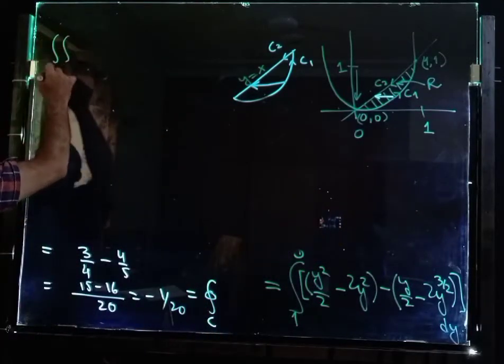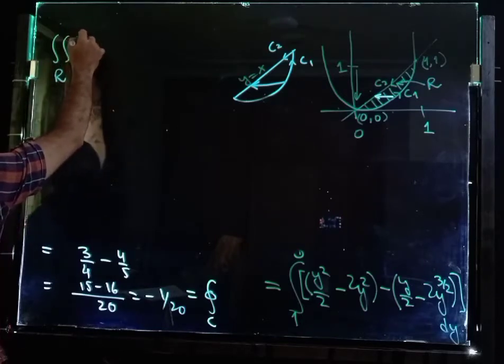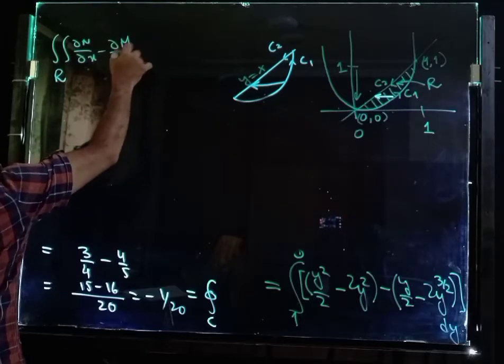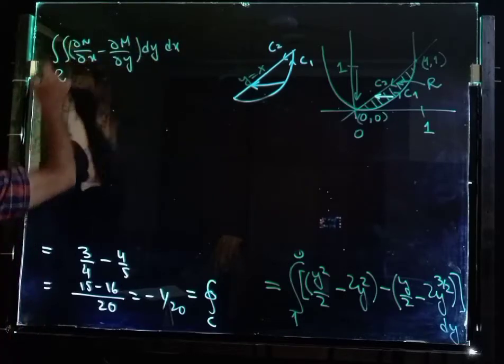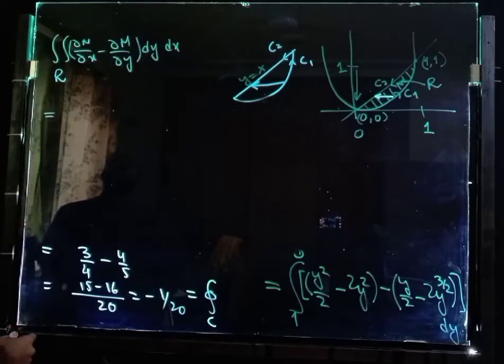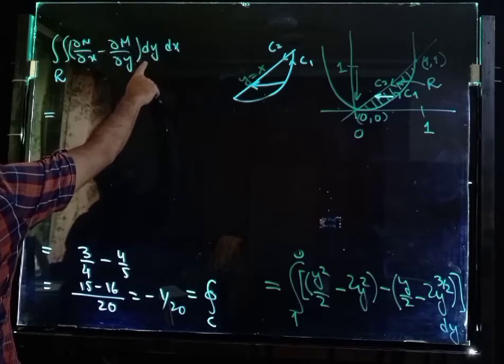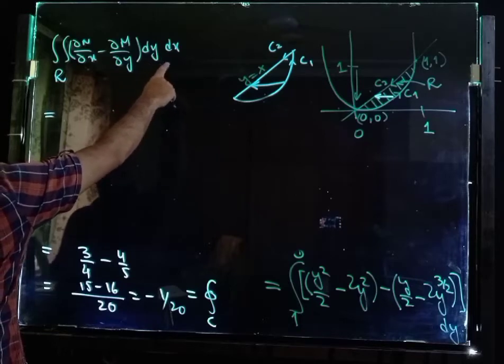Let's say we have to integrate over the region R, partial N by partial x minus partial M by partial y, dy dx. In the previous method we integrated with respect to dx and then dy, and here I am integrating with respect to dy and then dx.